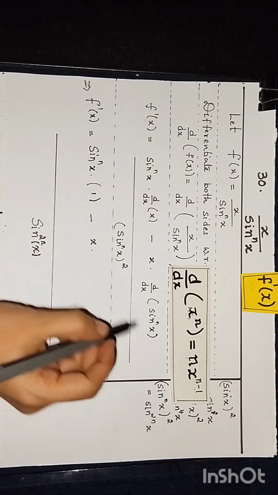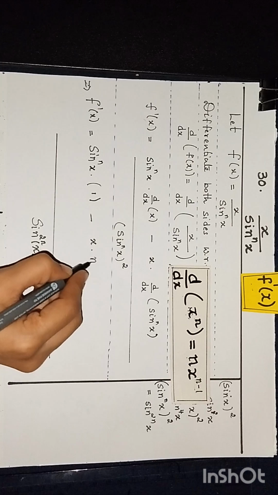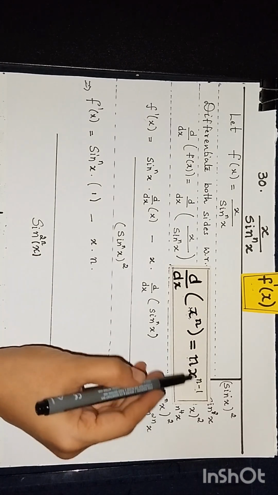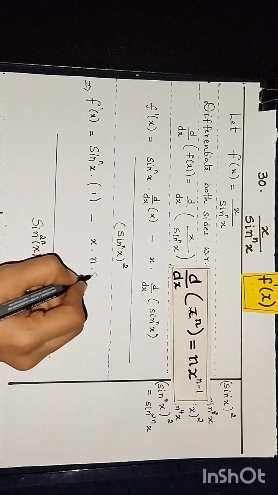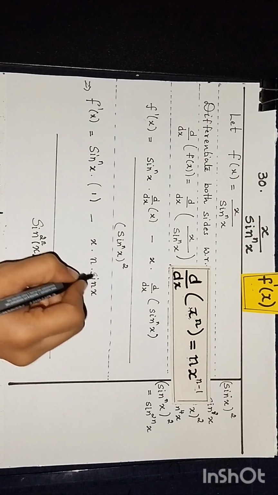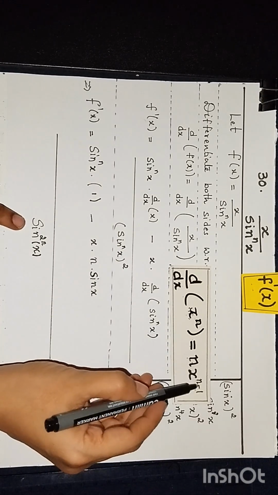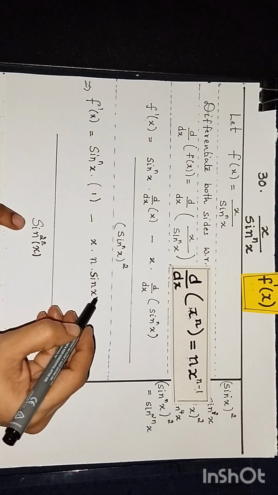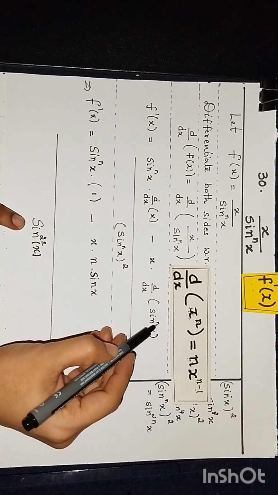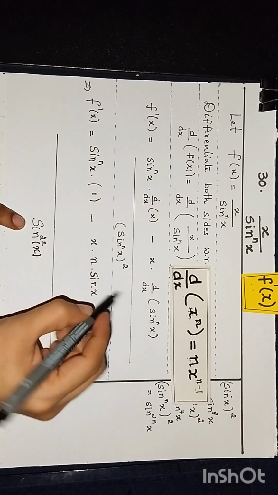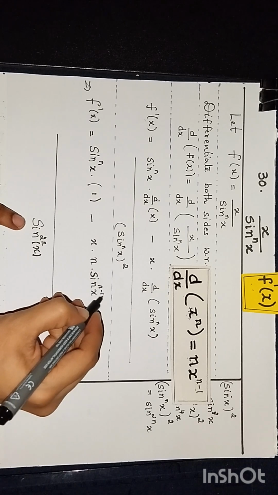So you will get n into x to the power n minus 1, but in the place of x we have sine x, right? And to the power n minus 1, you should not write here. Where is the n exactly? Here, right? So here you will write n minus 1.